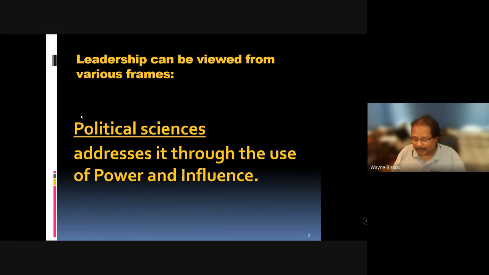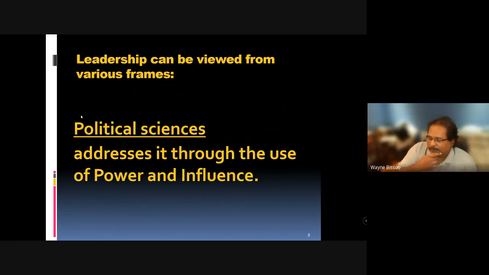So the book starts by examining how we look at leadership and the frames or the visions or the various perceptions that we have about what we mean when we say leadership. So leadership can be looked at through the political sciences, and that is through how we use leadership for power and influence.